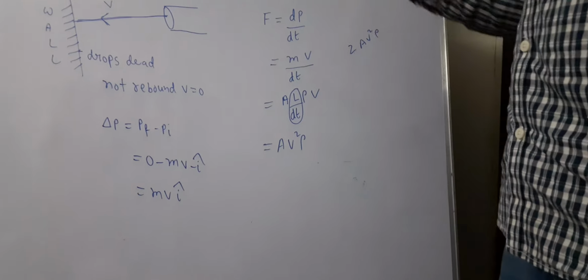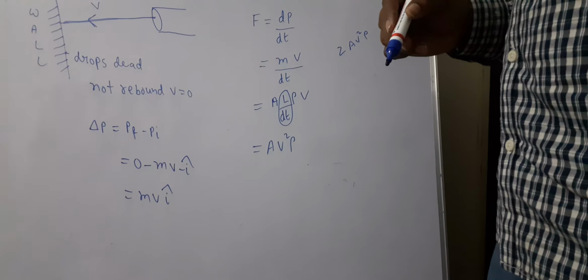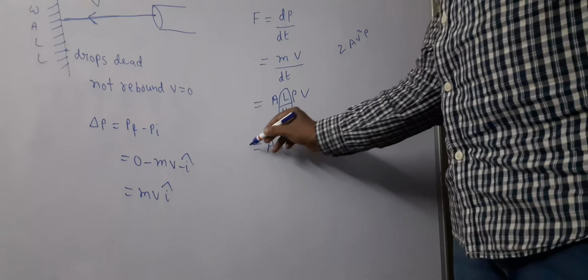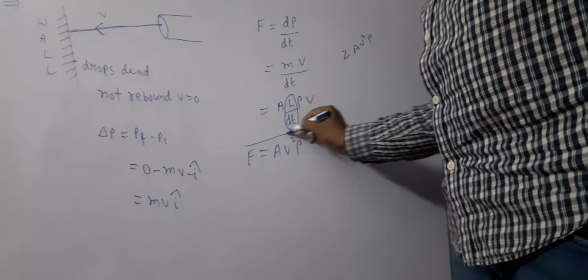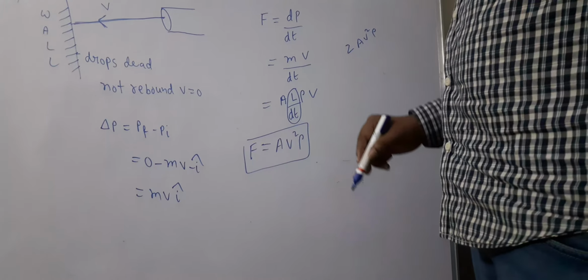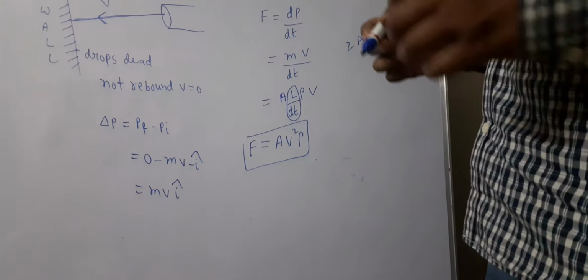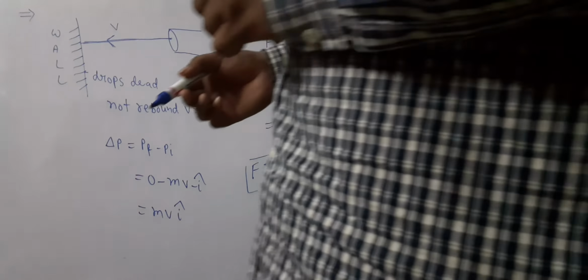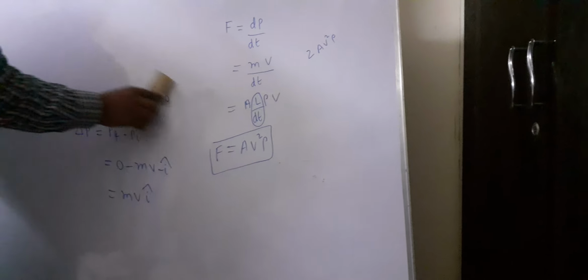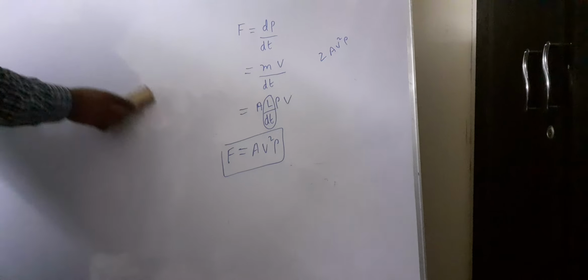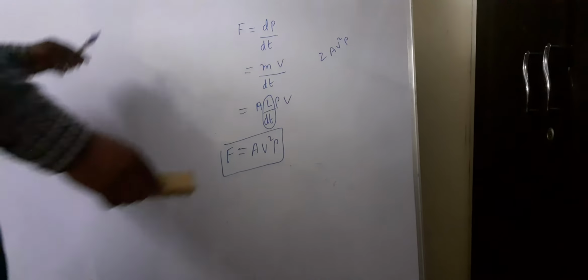In the present situation, the water does not rebound, and the force exerted by the water on the wall is F equals A v squared rho. In both situations, A indicates the cross-sectional area of the pipe, v indicates the speed of the water, and rho indicates the density of water.